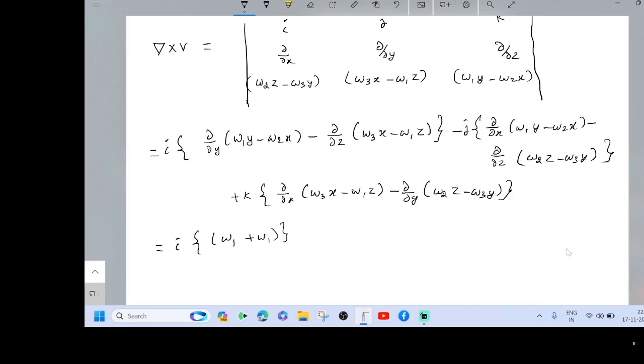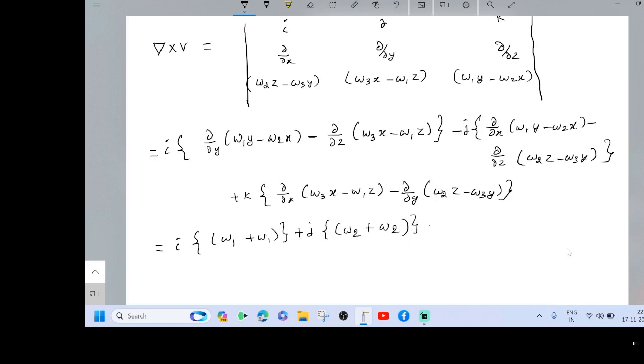If this del by del x is allowed to operate on x, we may get 1. So minus to minus plus. Therefore, we may write plus j into omega 2. See here, del by del z of omega 2 into z is omega 2. Already minus is present here. So this is plus omega 2.